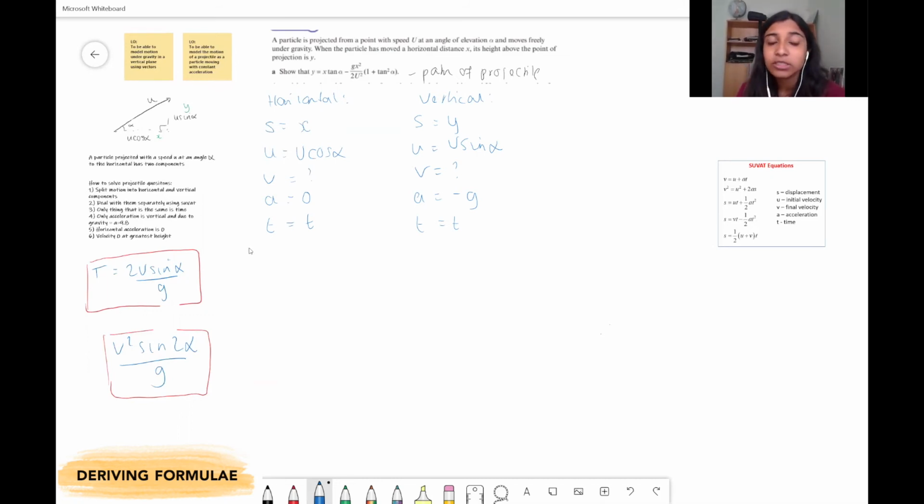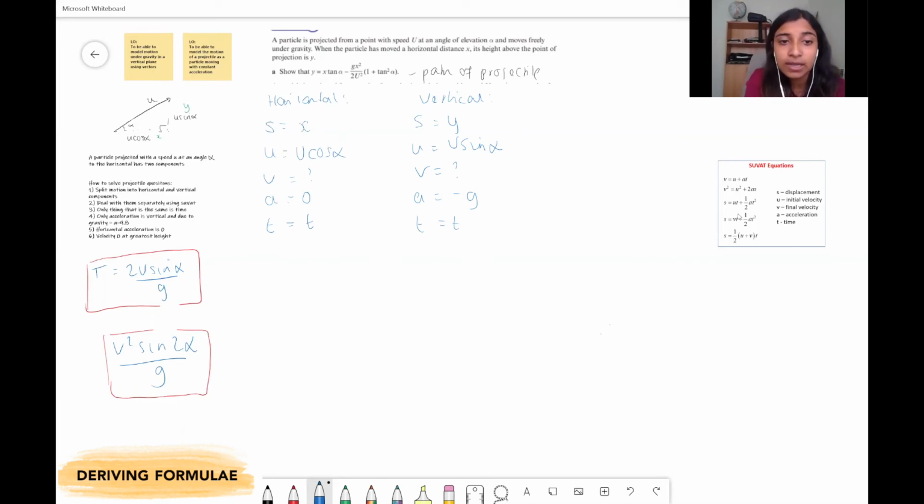So now we want to see if we can form any equations. For both of them, we have a common t that's going to be the same for both. So what we can do is try to find what t would be for our vertical and what t would be for our horizontal, and then rearrange to get maybe two equations that we can solve. If we start with the horizontal one, what equation can we use that won't involve v?